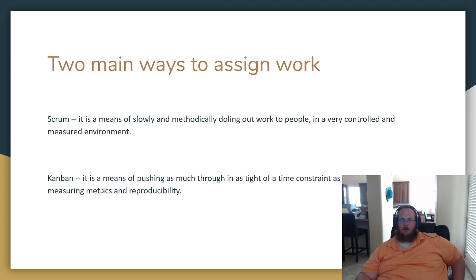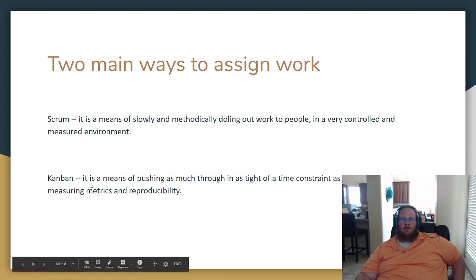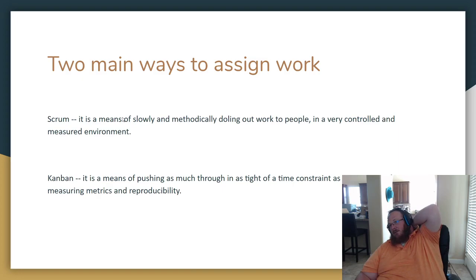So 2 main ways to assign work, Scrum and Kanban. So Scrum, what Scrum is, it's a means of slowly and methodically doling out work to people in a very controlled and measured environment. So like I was saying earlier, you have sprints or iterations. Scrum uses sprints and iterations. You basically say, okay, we're going to give you 2 weeks, and in these 2 weeks, we need this work done, right?